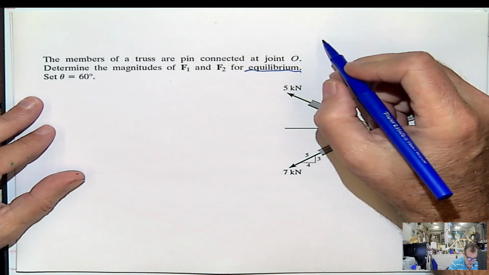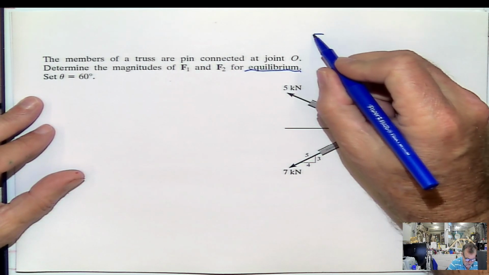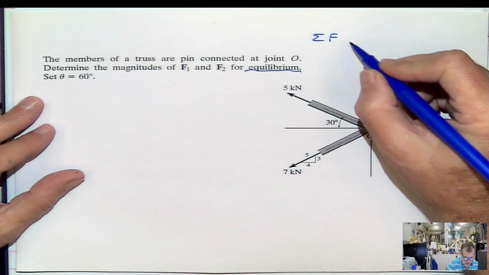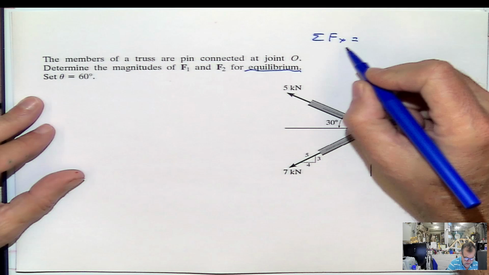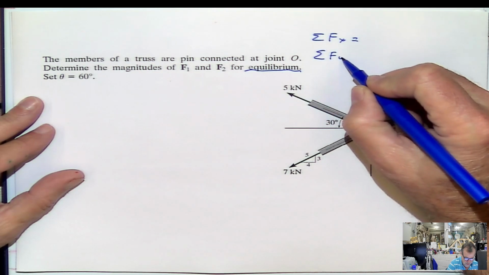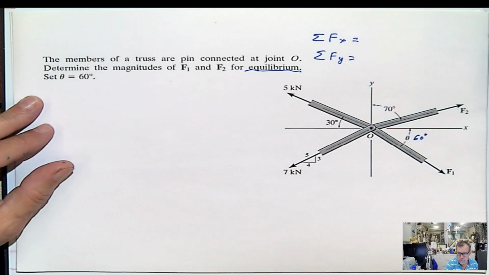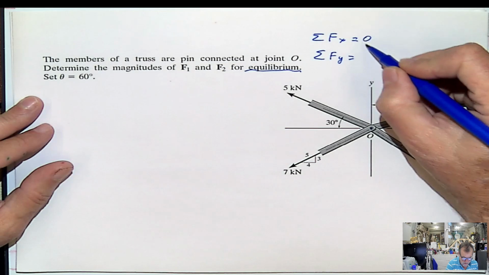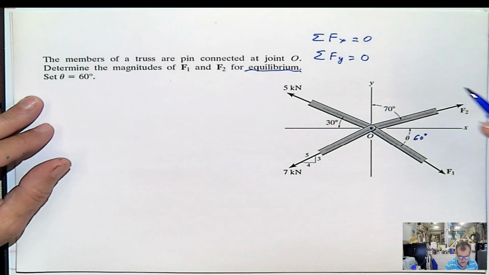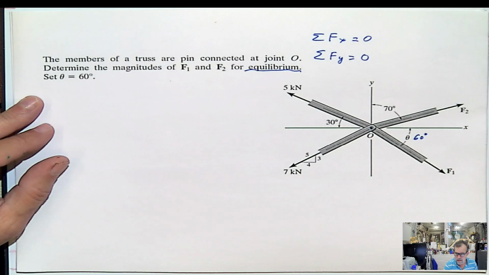That means that we're going to have two equations that we can use: summation of forces in any two directions. For our purposes, it's easier to do summation of forces in x and summation of forces in y. And for equilibrium, meaning there's not going to be any unbalanced force, hence statics, that has to happen.